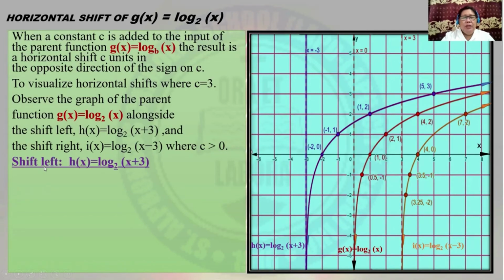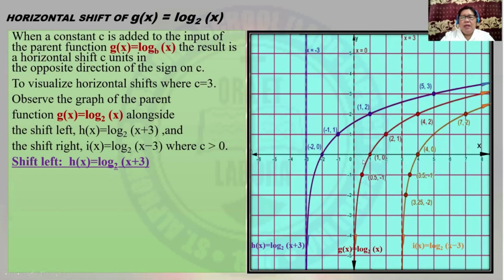If we have to shift left, the given function is represented by h of x is equal to the log of the quantity x plus 3 to the base 2. So this red one is the parent function, or the original function g of x is equal to log x to the base 2.